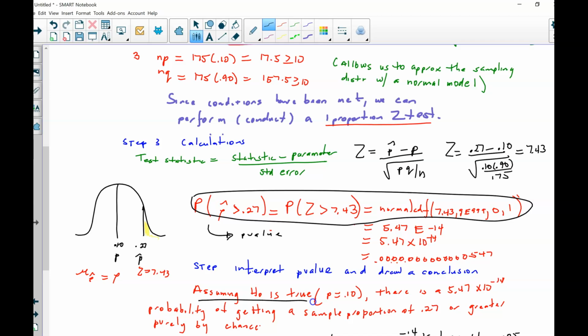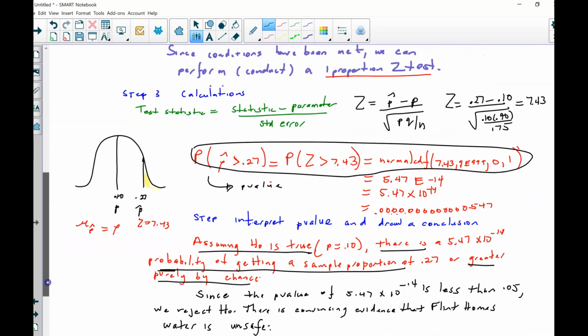So this is the same for everything. Getting a sample proportion, in our case our test statistic was 0.27, or greater, purely by chance. Really, really small. So that meant, again, that something is wrong with the null hypothesis.